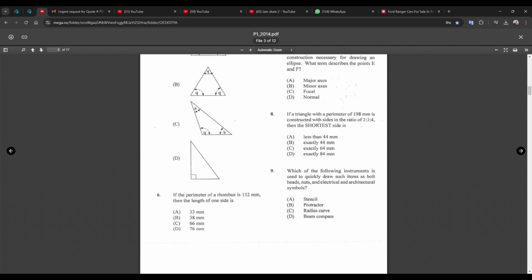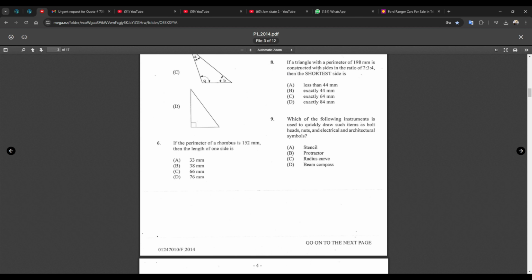So 198 divided by 9 will give us 22. So each unit is 22. So the shortest side will be 2 by 22, which is exactly 44. B, number 8, B.